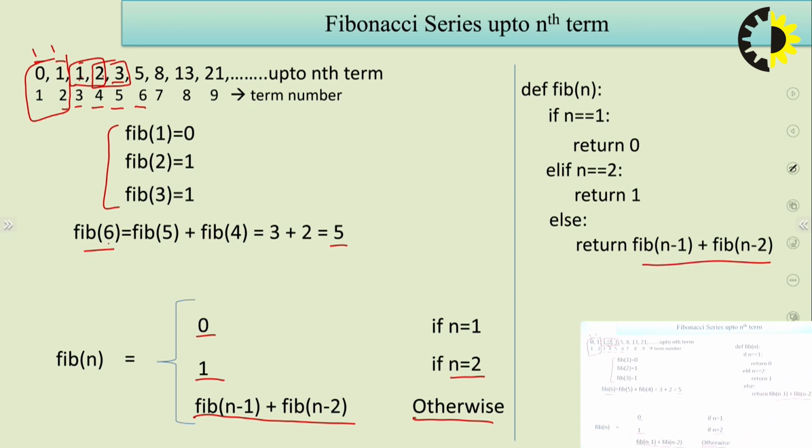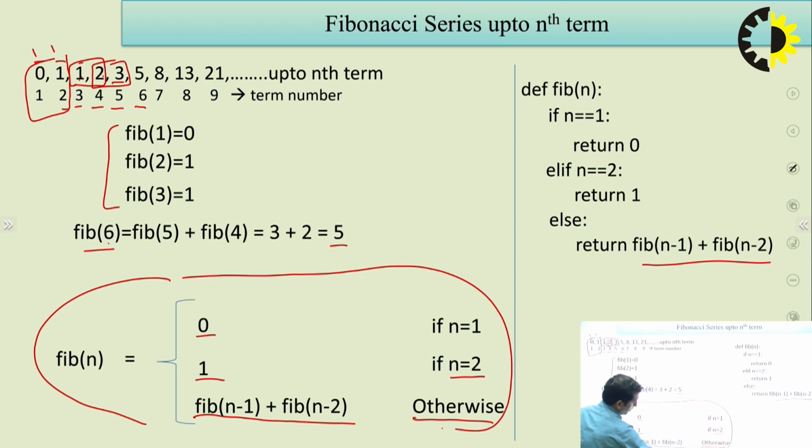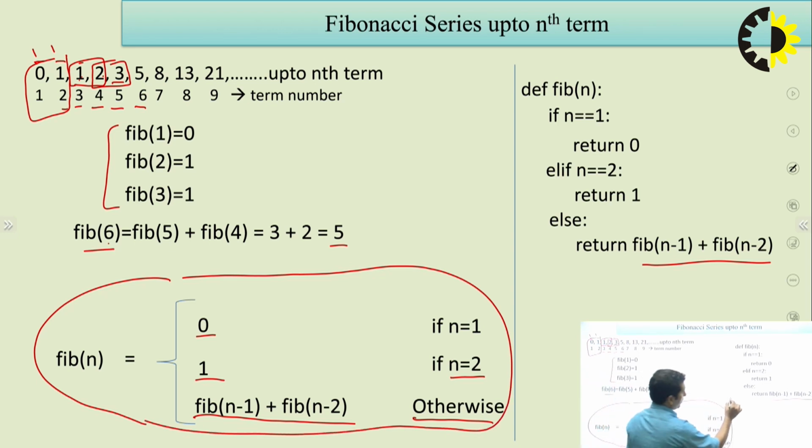We have written it here. Our recursive function is ready. This is the main part of the recursive definition or recursive programming: to take this mathematical definition and just convert it into the particular language syntax.